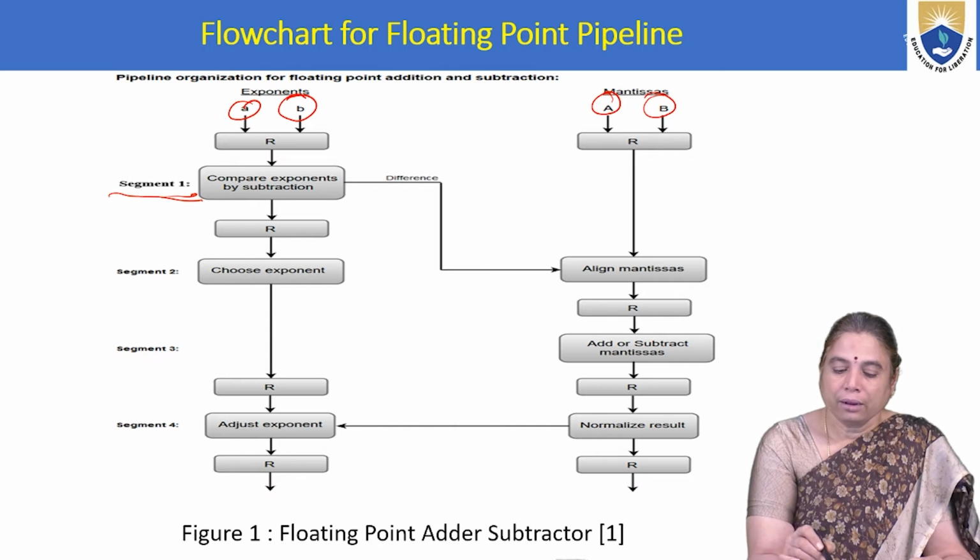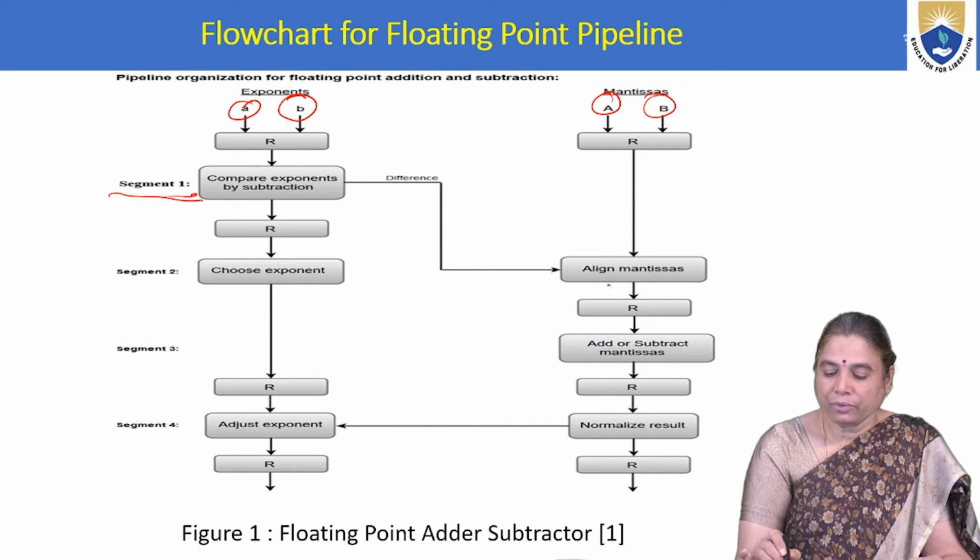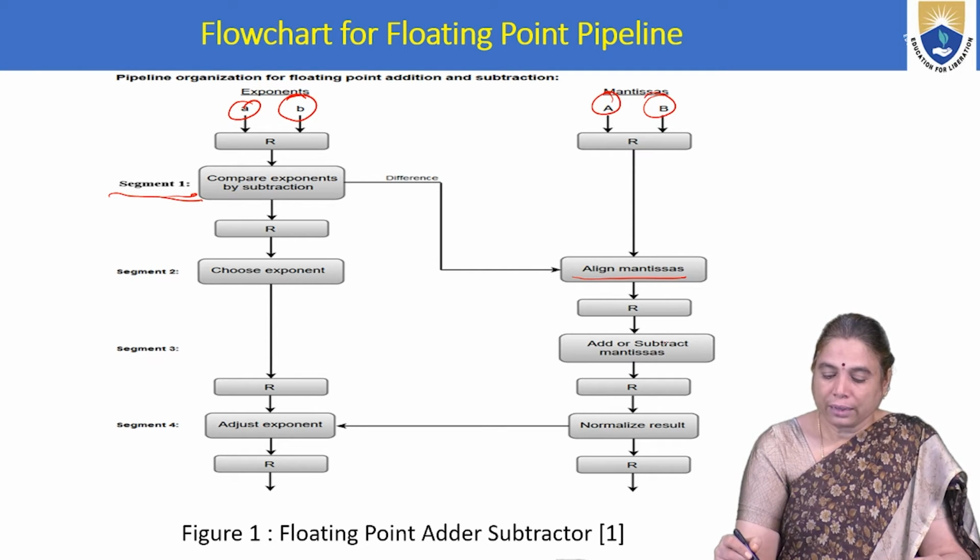Depending upon the comparison, the difference can be stored and used to process the second step, align mantissas. So the second segment is to align mantissas, choose the exponent. After that, the third segment can be initiated to add or subtract the mantissas.